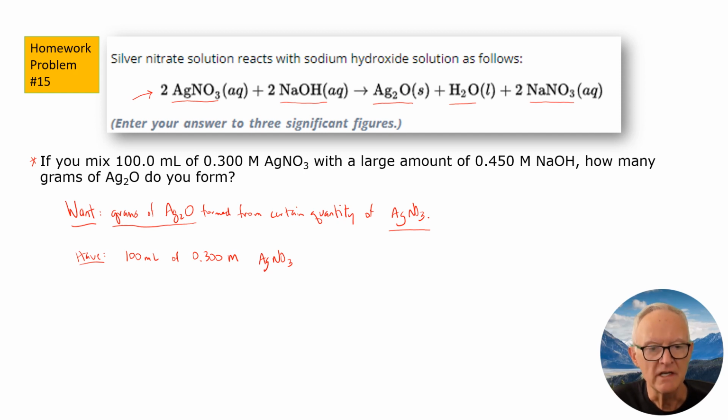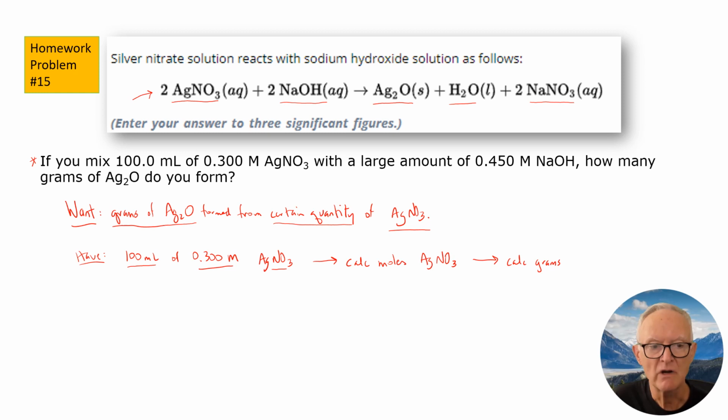So we're looking for grams of silver oxide formed from a certain quantity of silver nitrate. That quantity of silver nitrate we need to determine from what is given, 100 mL of 0.3 molar silver nitrate. From the volume and the molarity, which is moles per liter, we can calculate the moles of silver nitrate. From the moles, we can calculate the grams.